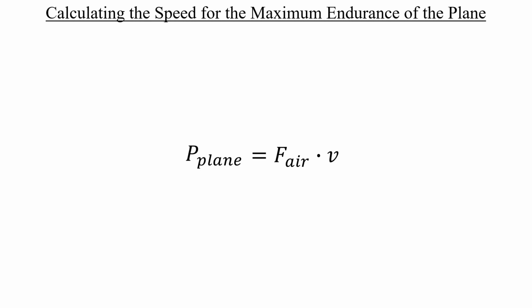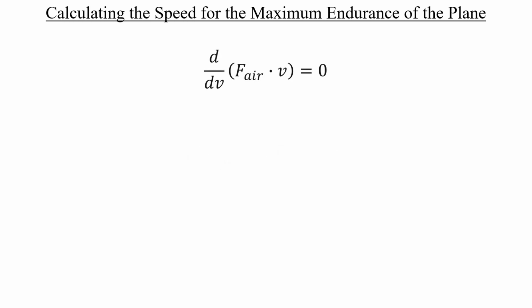So that means if we take a derivative of the plane's power with respect to v and set that equal to 0, we can figure out the necessary speed that results in the lowest rate of fuel consumption, which will keep the plane in the air for the longest amount of time.